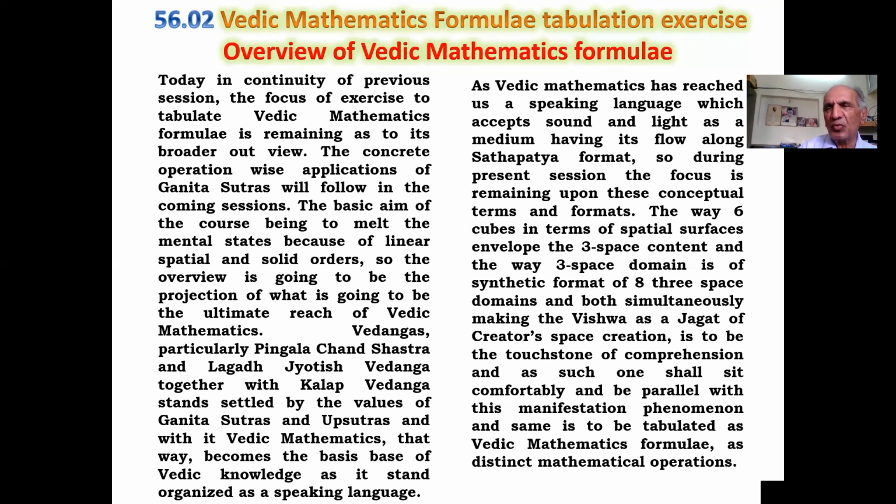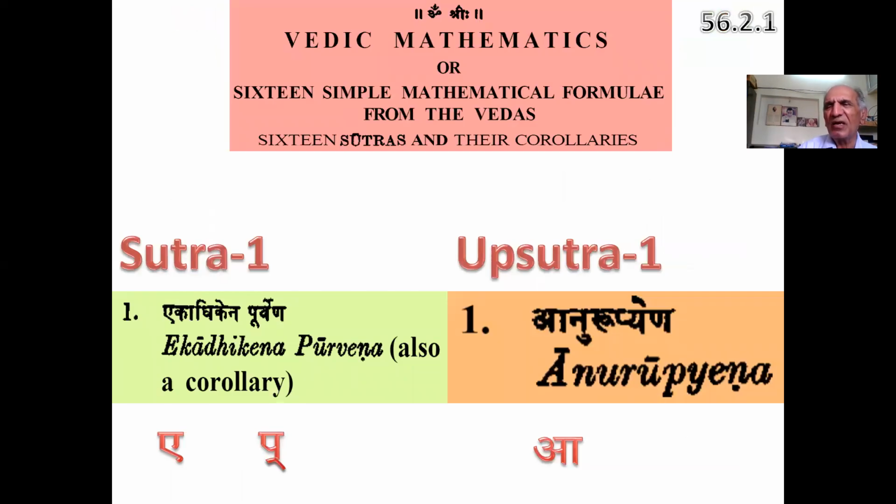So we have to enter upon our exercise of tabulation of Vedic mathematics formulae by being clear as to how transcendence takes place from the manifested creations of format. Therefore, let us have a sequential approach.